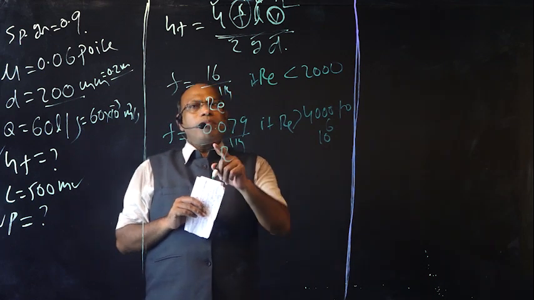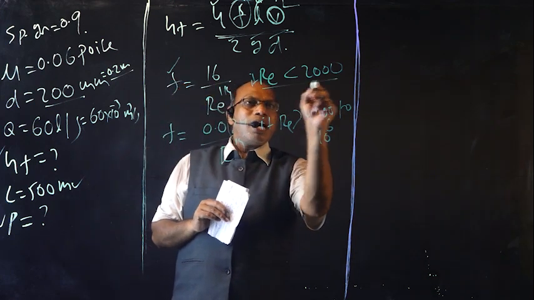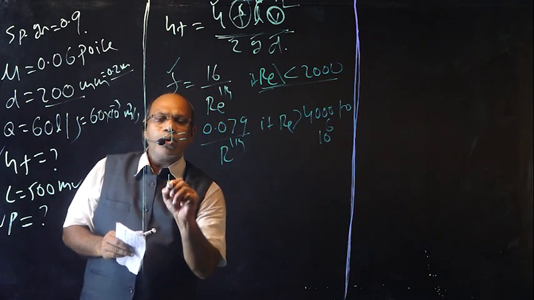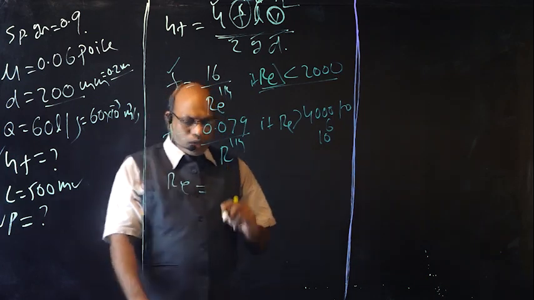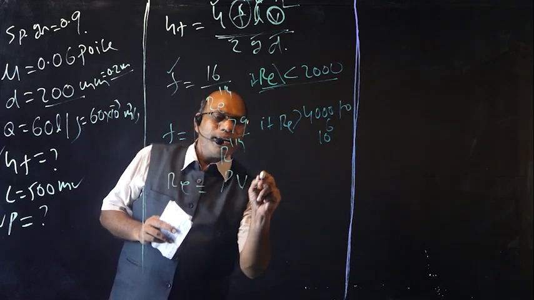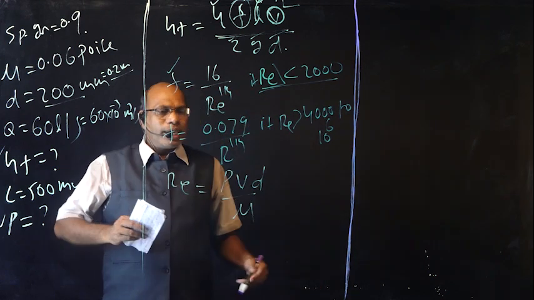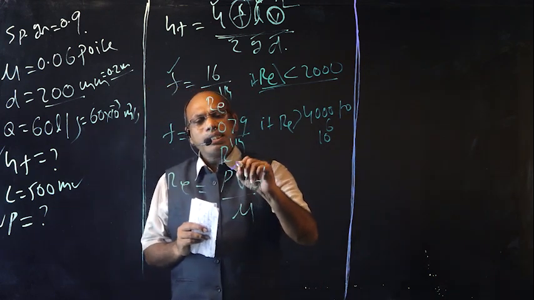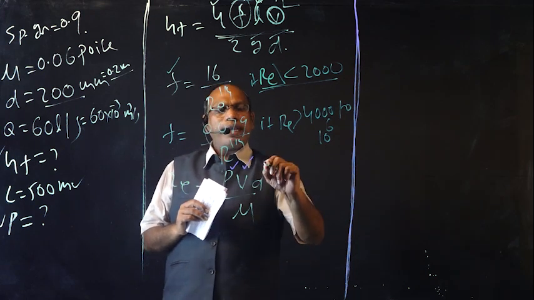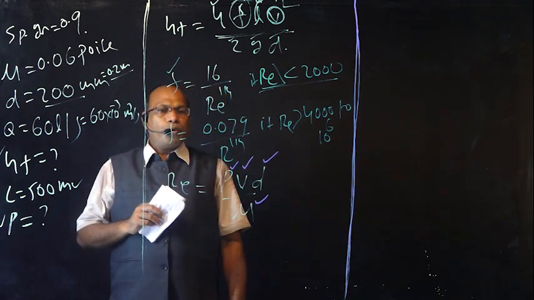For the determination of the coefficient of friction, first we are going to determine the Reynolds number. The formula for the Reynolds number: Re is equal to rho V d by mu. Here rho is the density of the fluid, V is the velocity of flow, d is the diameter of the pipe, and mu is the viscosity of the fluid.